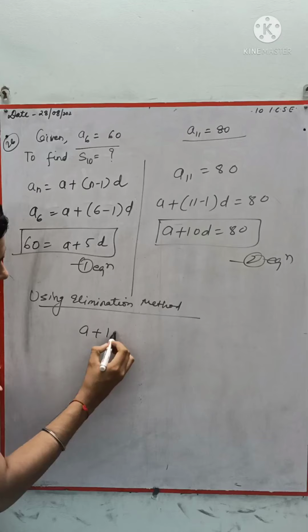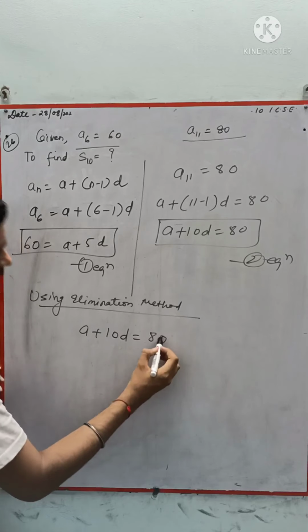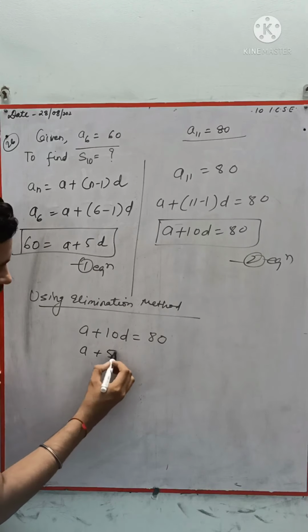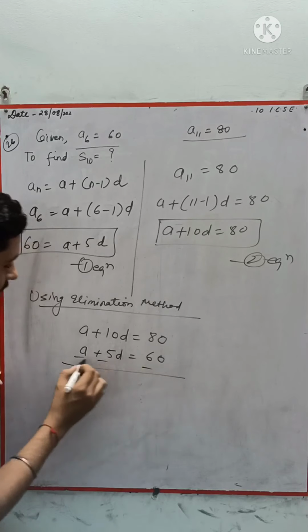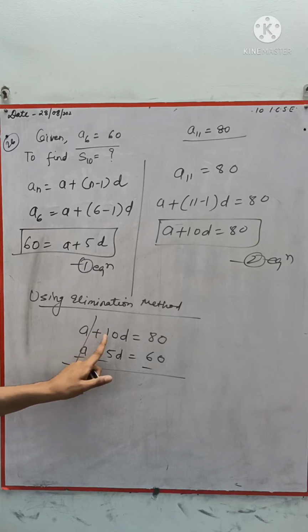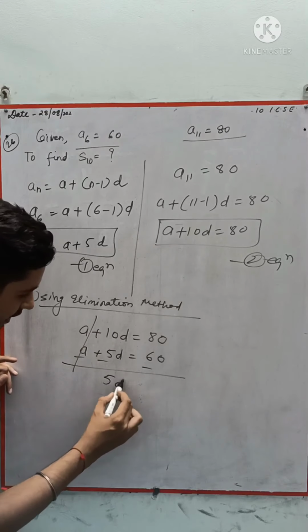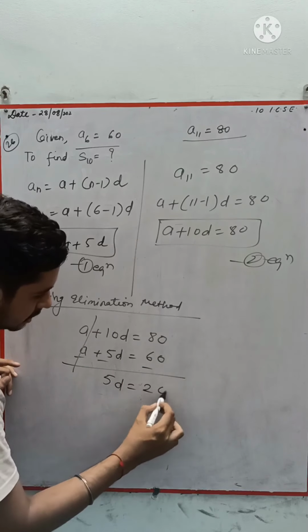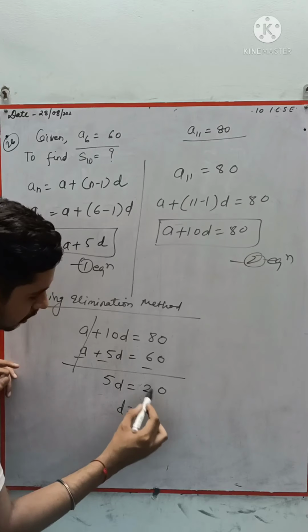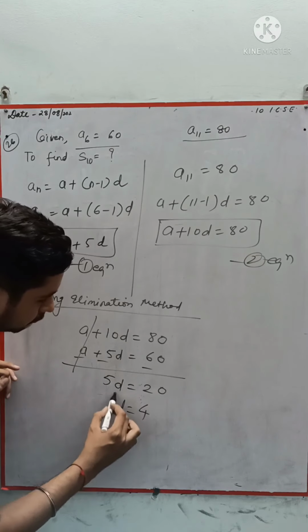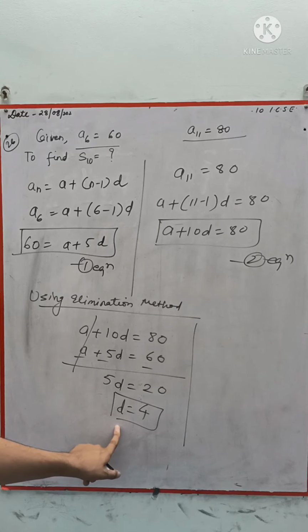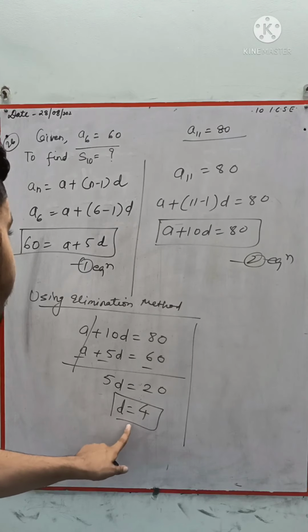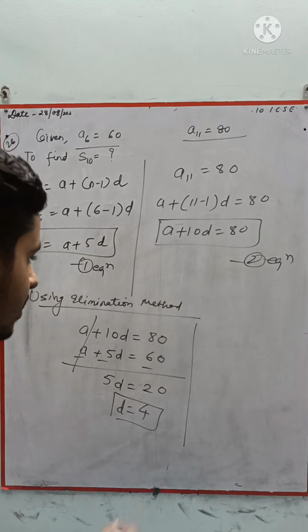So a plus 10d is equal to 80 and a plus 5d is equal to 60. Minus, minus, minus. A and a cancelled. 10d minus 5d you will get 5d. 80 minus 60 you will get 20. d is equal to 20 upon 5, you will get 4. So d is equal to 4. You got d.